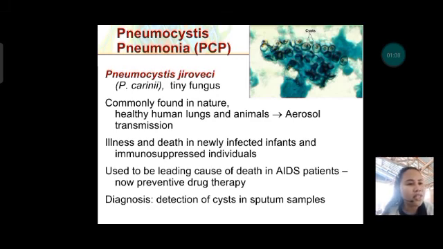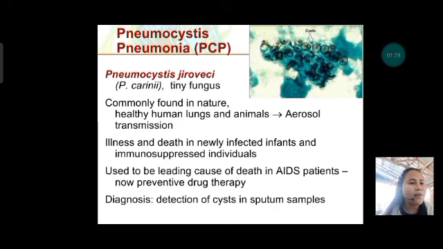The second fungal disease of the lower respiratory system is pneumocystis pneumonia, or PCP. It is caused by the fungus Pneumocystis jirovecii, or P. carinii, a tiny fungus commonly found in nature, healthy human lungs and animals.